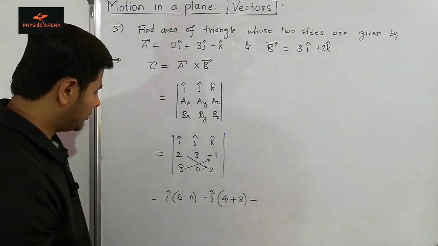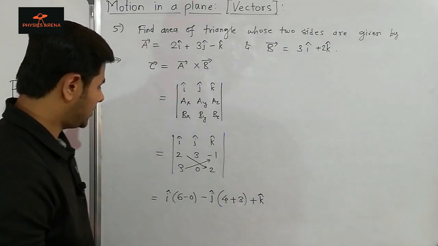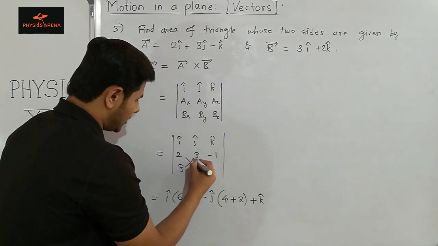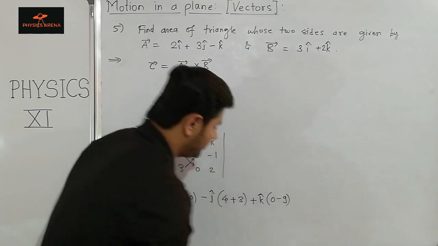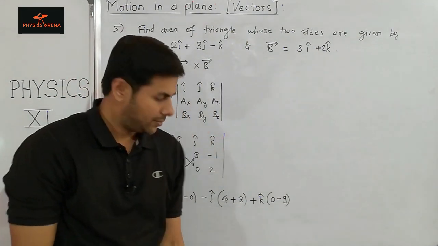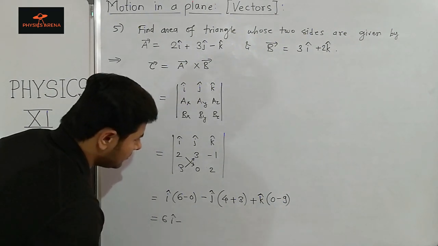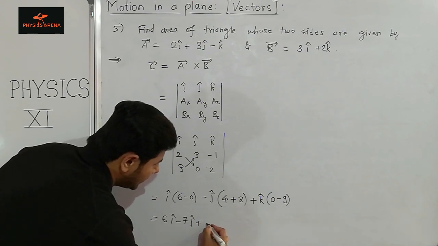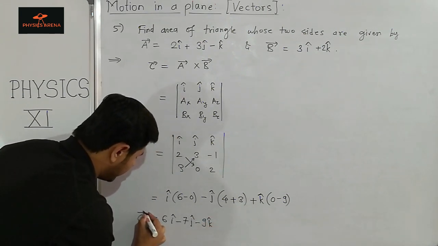Then we have plus k cap into 2 zeros are 0 minus 3 3s are 9, so 0 minus 9. Let us rewrite this. We have 6i minus 7j minus 9k. So this is c bar.